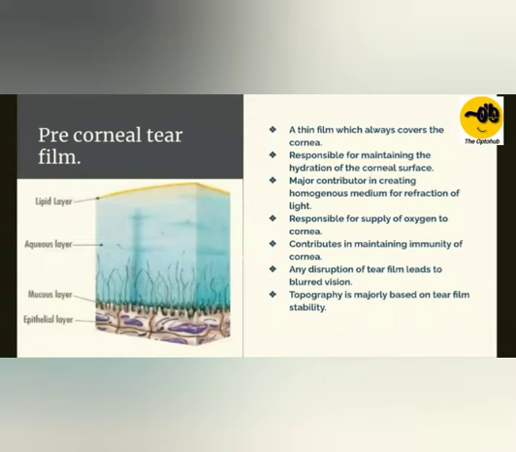The presence or absence or any kind of disruption of the tear film is going to affect your topography images, and it will give you very different topographic outcomes. So we need to remember that a stable tear film is extremely important while performing a topography. This is the first thing that we should understand about topography.